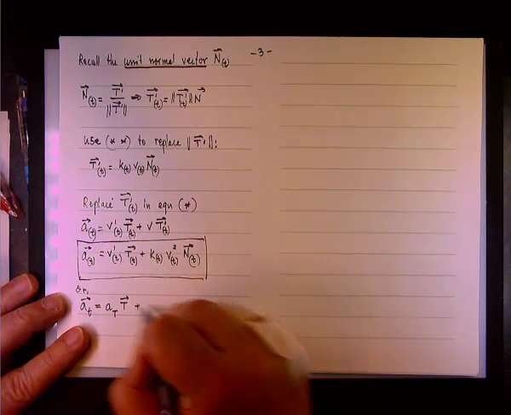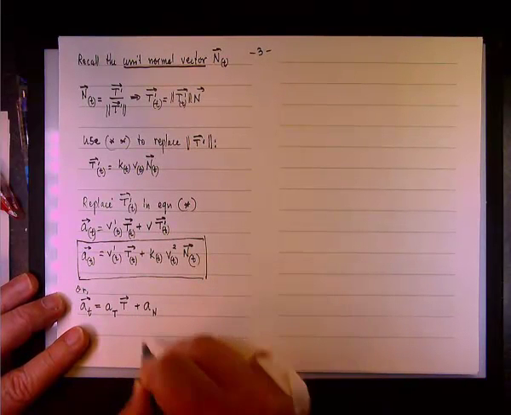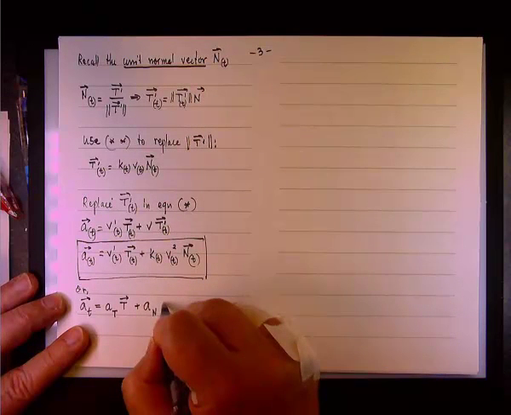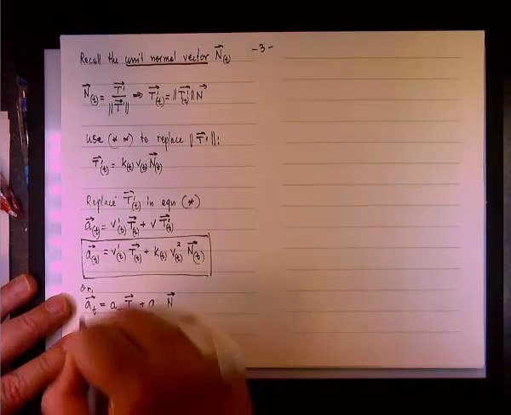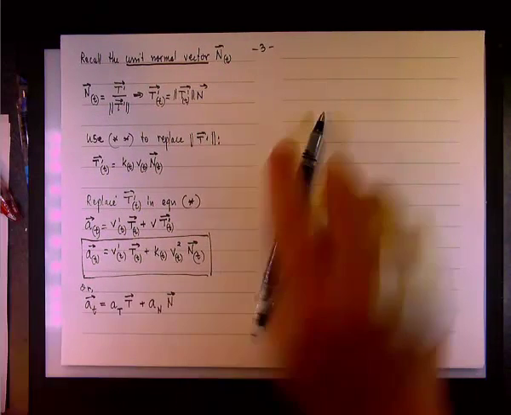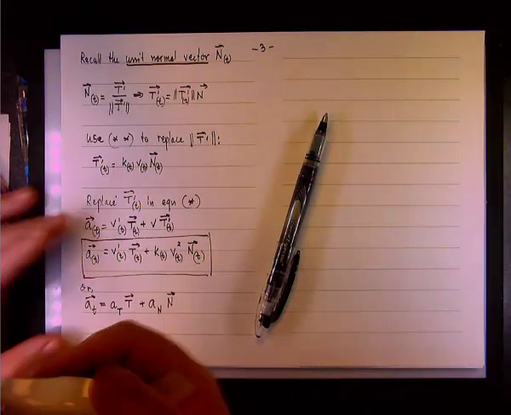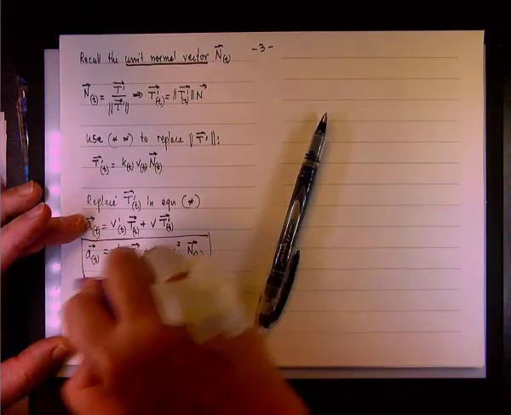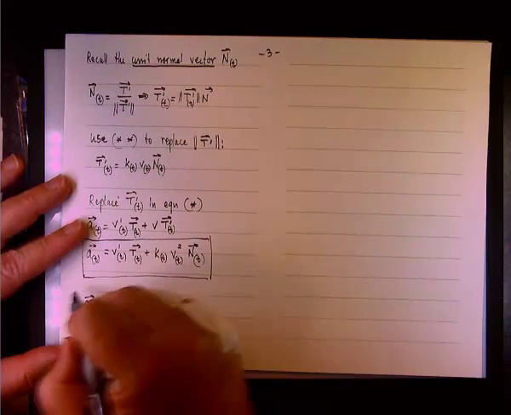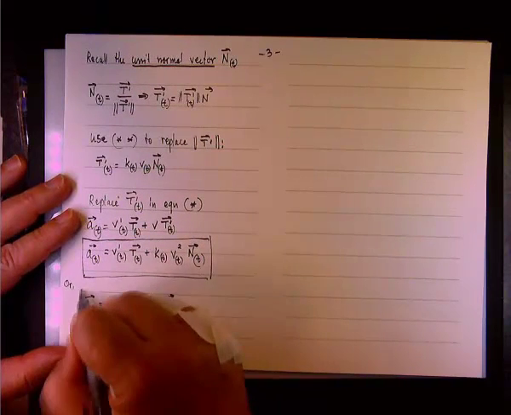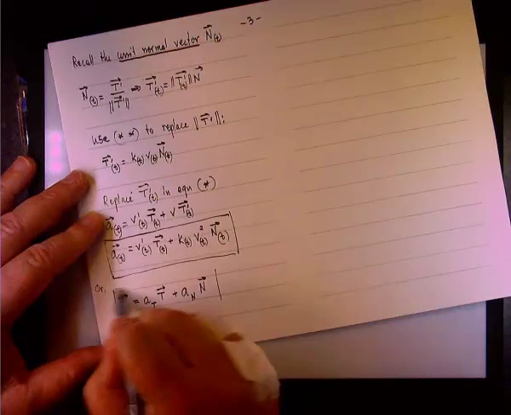Equation star. Yeah, we replaced, here's the equation: v prime t plus v t prime, and what we did, we replaced this one with v prime right here.